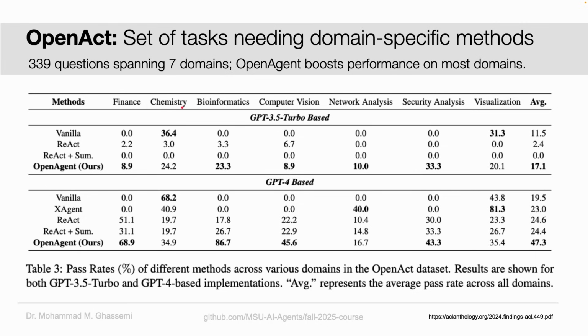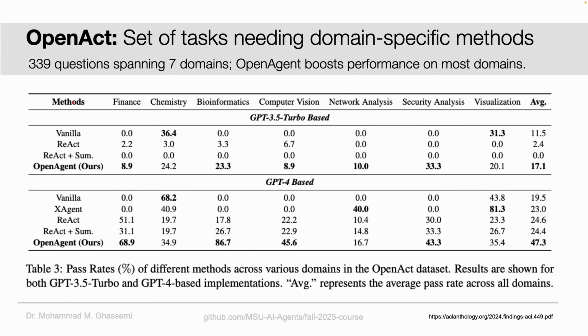The only way for us to trust the output that the LLM gives us is by making sure that it can call certain tools that are maybe written within code repos on GitHub that will allow it to solve the problem with fidelity. Okay, and this OpenAct benchmark is a set of 339 questions across the 7 domains that you're seeing here that test the LLM's ability to answer those tricky questions in each of these domains.